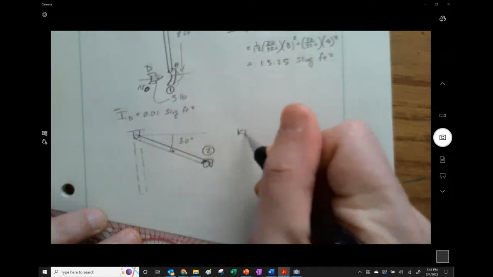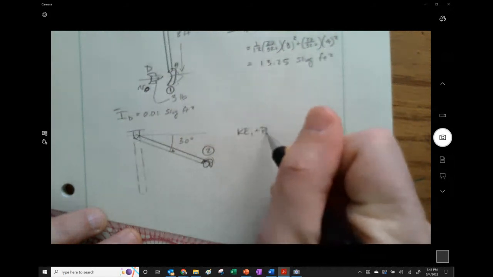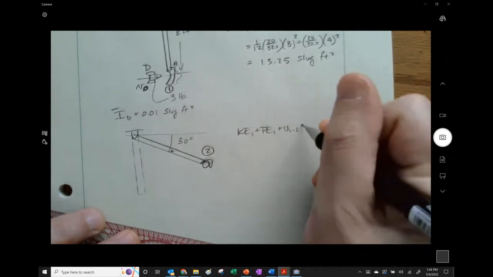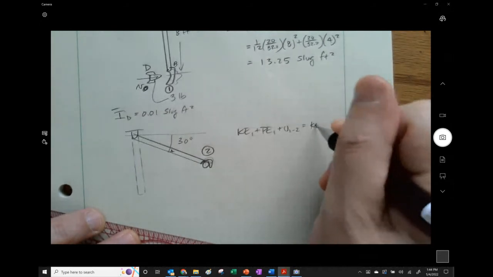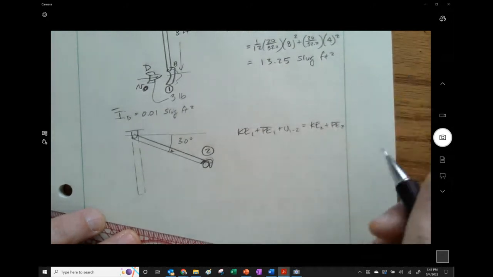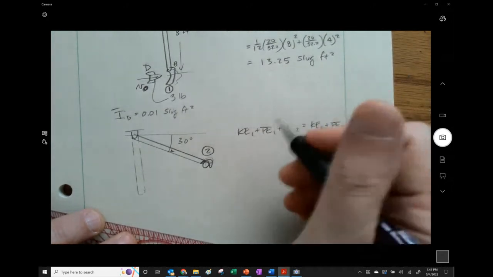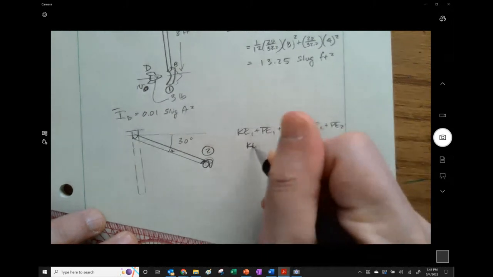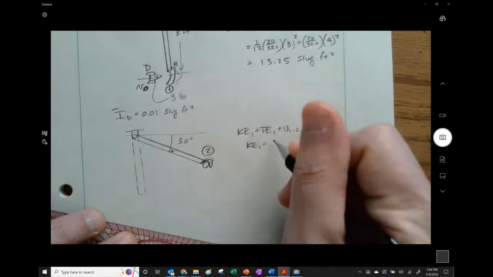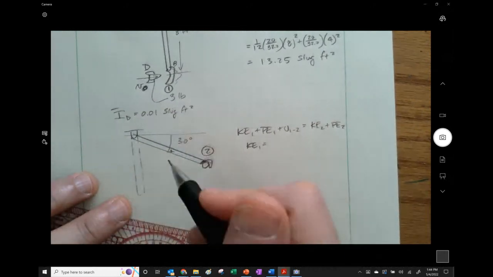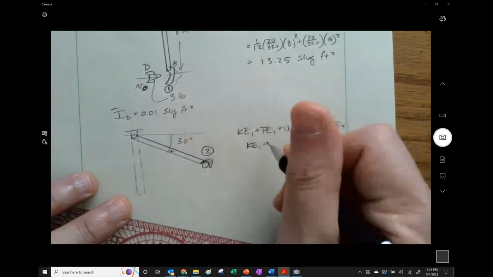So KE1 plus PE1 plus U1 to 2 is equal to KE2 plus PE2. We're trying to find KE1, and that's going to be all of the combined things together, right?